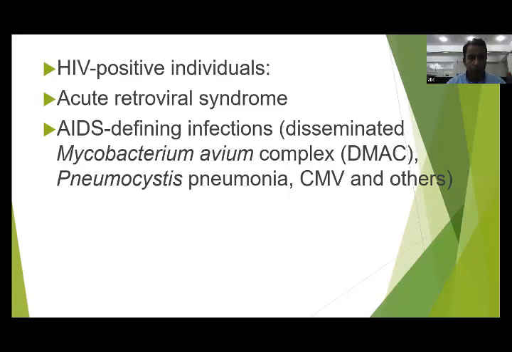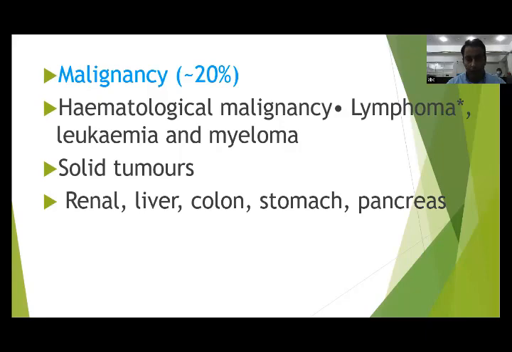So let's look at the next important cause after infections. The next category is malignancy, which accounts for 20% of cases and comes in the category of PUO.